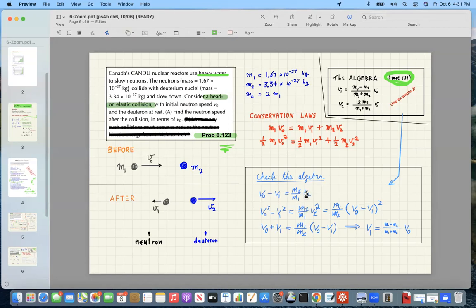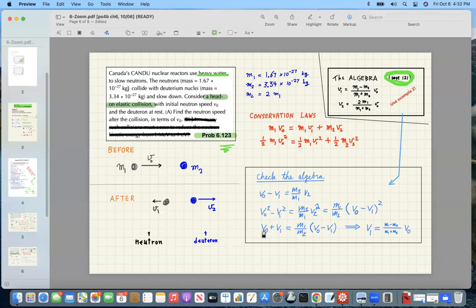Now, if I use this equation for v2, that's v0 minus v1. So v2 squared is v0 minus v1 squared times m1 squared over m2 squared times m2 over m1, which gives me m1 over m2 times v0 minus v1 squared. Now, if you think back to high school algebra, v0 squared minus v1 squared is v0 minus v1 times v0 plus v1. The v0 minus v1 will cancel one power of v0 minus v1.